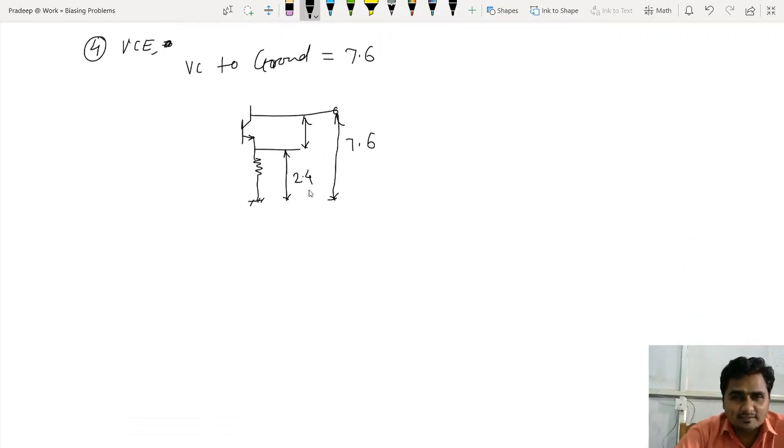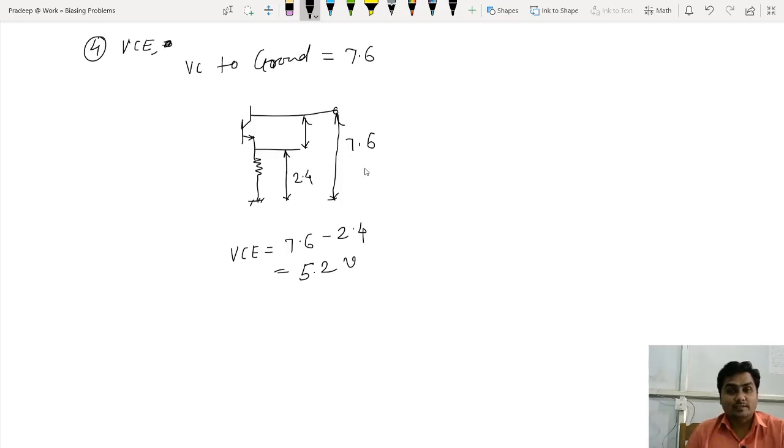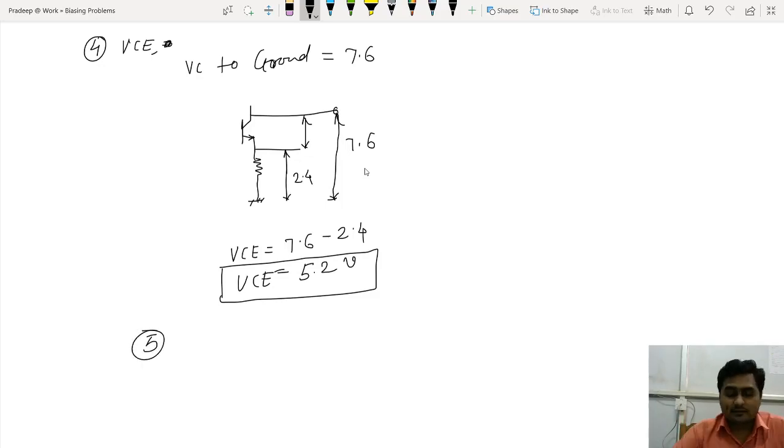So the collector to emitter voltage VCE is equal to 7.6 minus 2.4, which is 5.2 volt. Yes, it is. It's so simple, we don't even need to think about it. That's all.